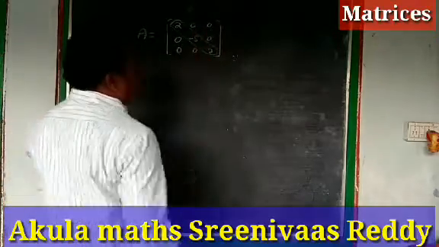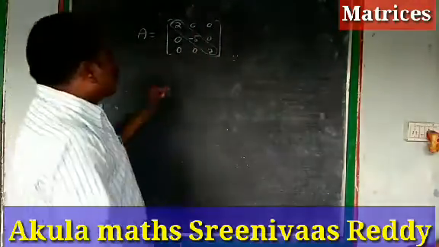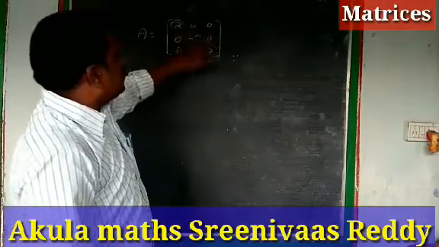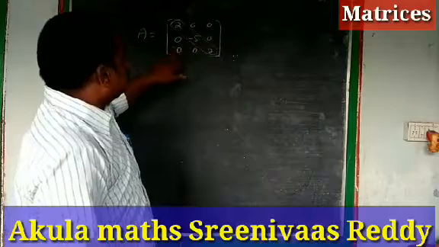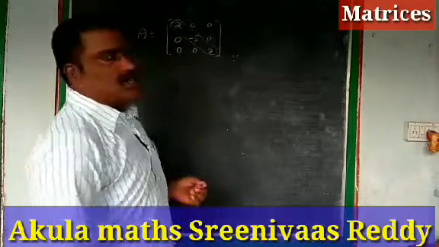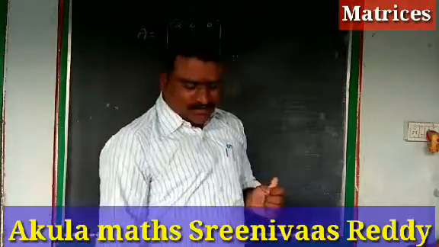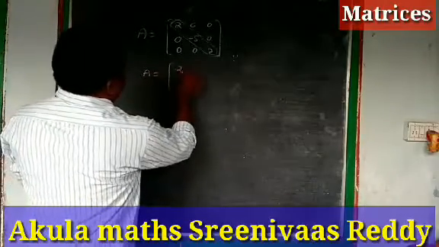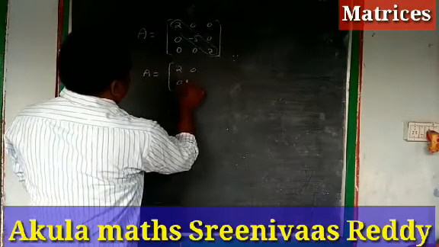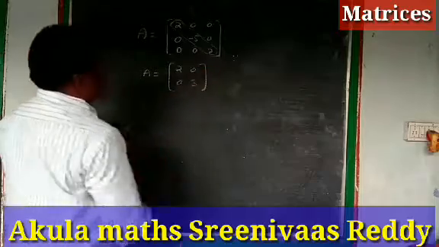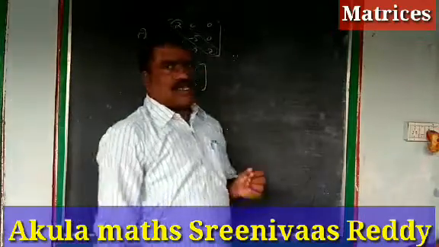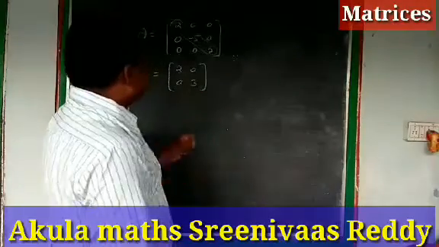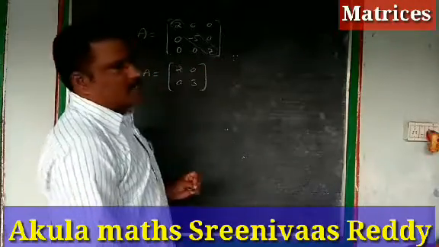So, this is a diagonal matrix. Then that matrix is called a diagonal matrix. This is also a diagonal matrix of order 2 by 2. This is of order 3 by 3.